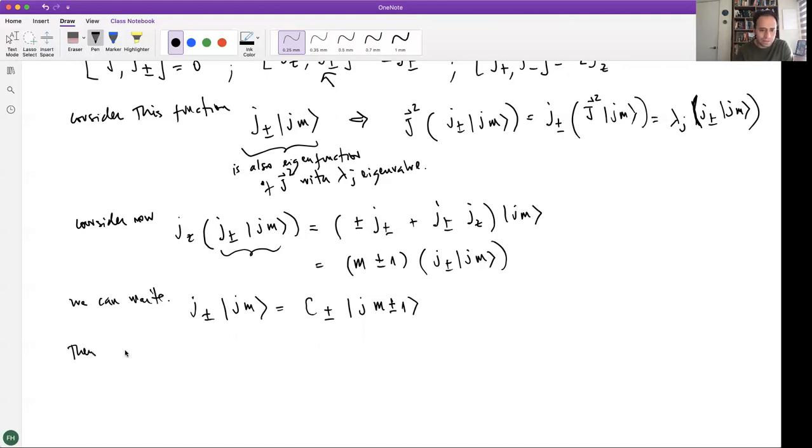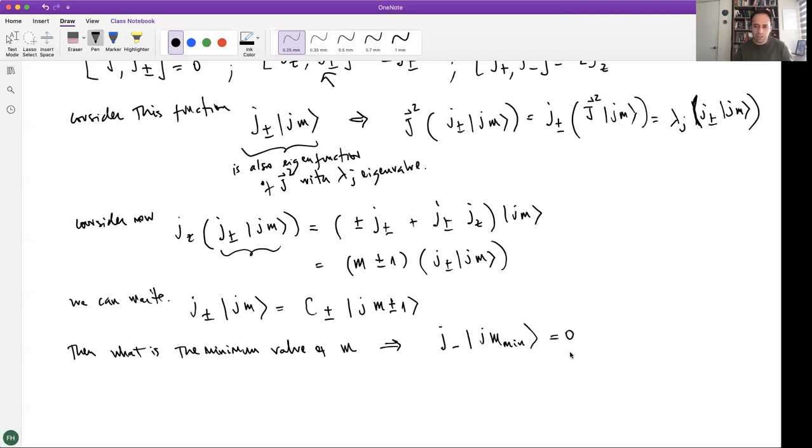Then, what's the minimum value of M? We must have that J minus acting on J M minimum has to give you 0, right?